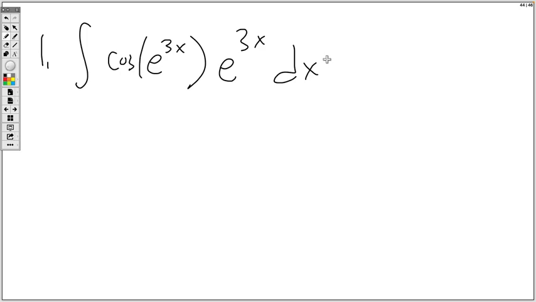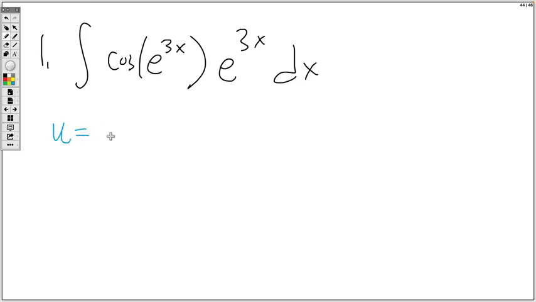So if we were to follow the rules of thumb, we'd look at this. You've got a cosine of e to the 3x times an e to the 3x. There's no addition, subtraction that we can take advantage of, so we'd be stuck with the substitution. Our very first rule of thumb from, it was literally a week ago.